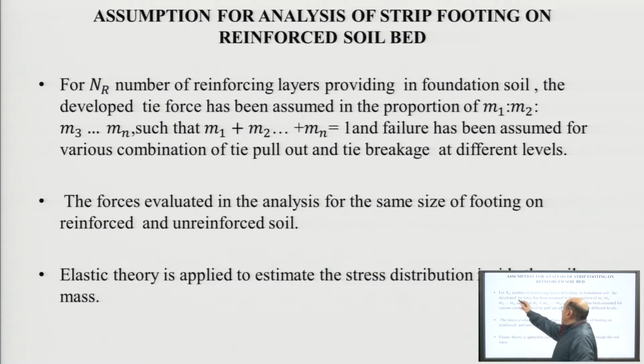So, for NR, the number of reinforcement layers provided in the foundation soil, the developed tie force has been assumed in the proportion of M1 is to M2 is to Mn such that M1 plus M2 plus M3 plus Mn should be equal to 1.